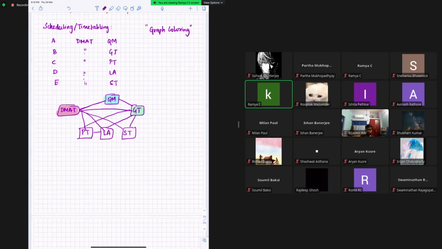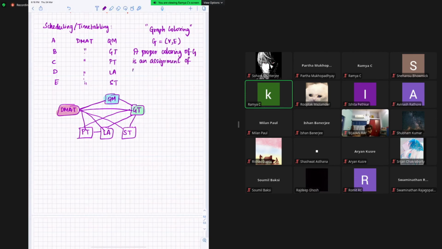So you are given a graph G. It's a set of vertices and a set of edges. A proper coloring of G is an assignment of colors to vertices in the graph.